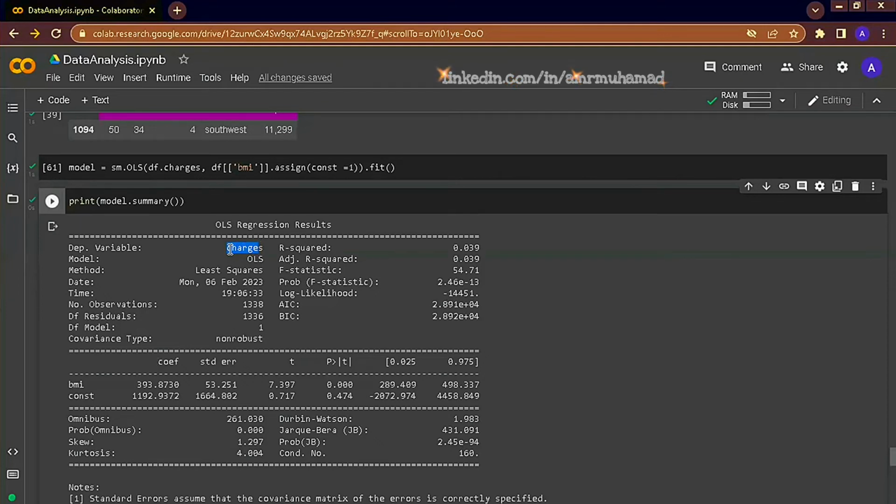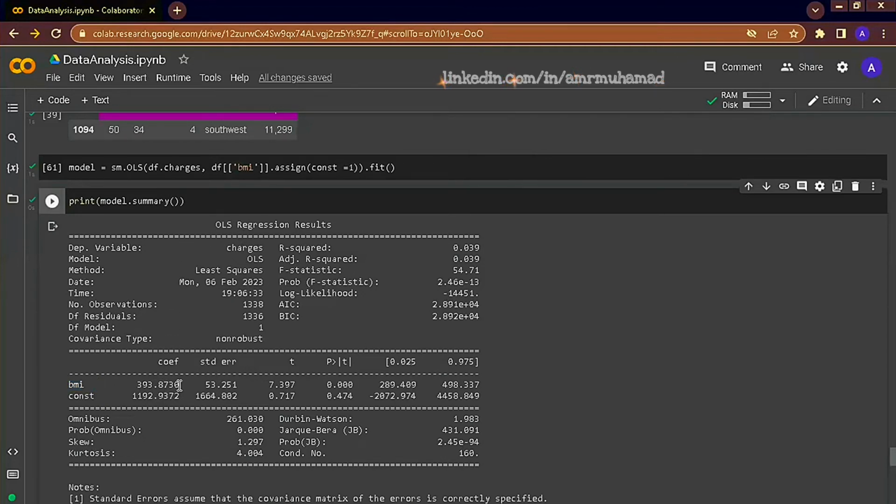If the model assumptions are violated, this means that I cannot actually rely on the calculated estimates. So I can say that there is a relationship, and for each increase in BMI there is a corresponding increase in charges, but I will not be as confident in quantifying this relationship as if the model assumptions were met.